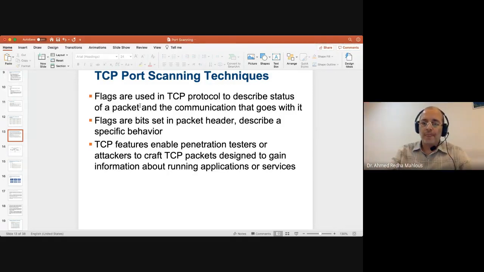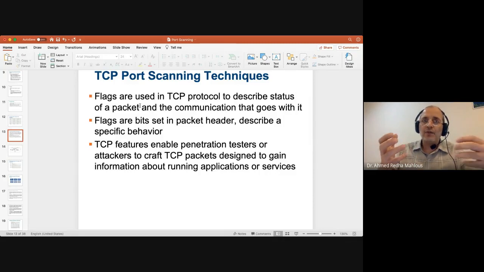It is very important for a hacker or a pen tester to understand the flags within a packet, because you will craft the TCP packet. Craft means you make your own packet.